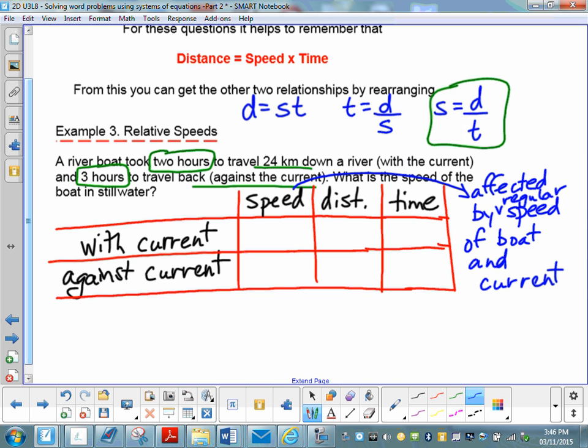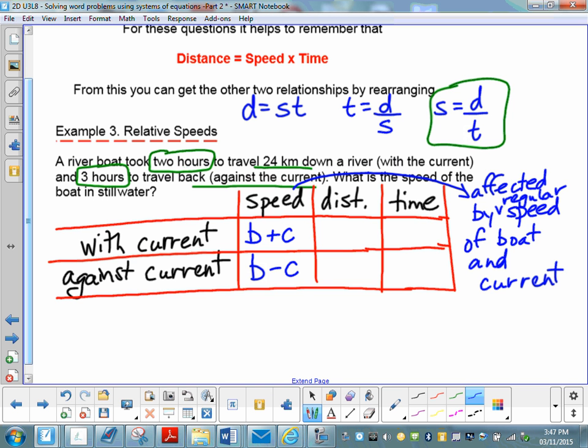So when it's with the current, we're going to use B to represent the boat's speed and C to represent the current. So the speed of the boat when it's with the current is going to be the speed of the boat plus the speed of the current. When it's going against the current, it's going to be the speed of the boat minus the current, because that's going to slow it down.